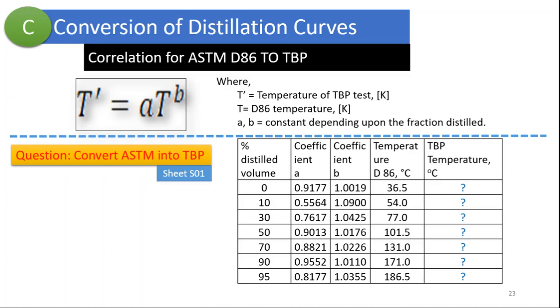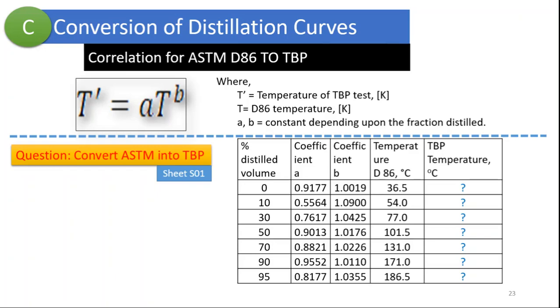This is one equation correlation where ASTM D86 can be converted into the TBP. It's a very simple one. Only two parameters are given here, A and B. T' is equal to A T to the power B, where T' is the TBP that you want to find out, and T is the D86 temperature. Both are in Kelvin.